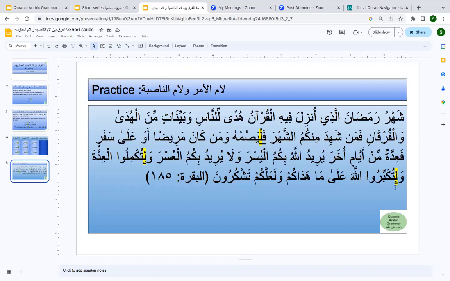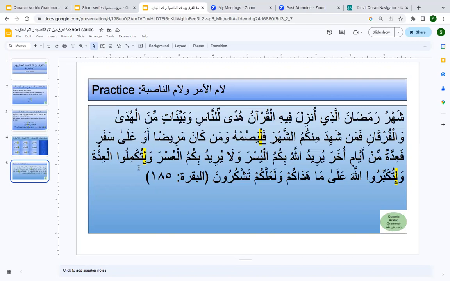Jazima. And what is this lam? Wali tukabbiru, wali tukmilu. So it is from the nasiba group, not exactly. It is talil, right? Because it has a hidden an after it that makes mudare mansoob. But for now, if we call it nasiba, it's not haram either.